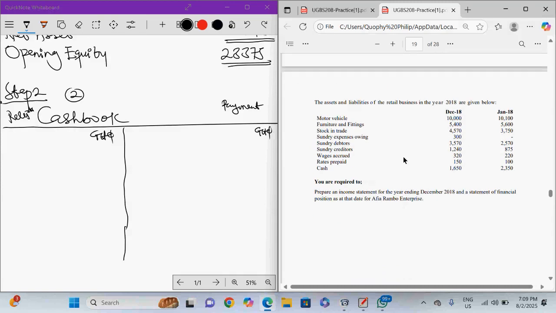So we can see that we've been given cash here, which is a cash book item. So we have the opening balance and then the closing balance. The opening balance is January 18, and the closing balance is December 18.